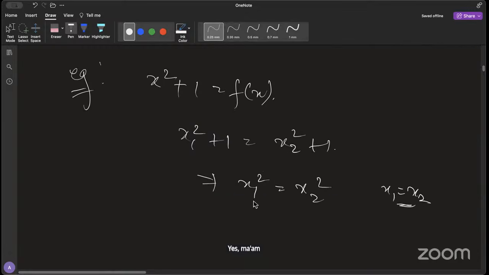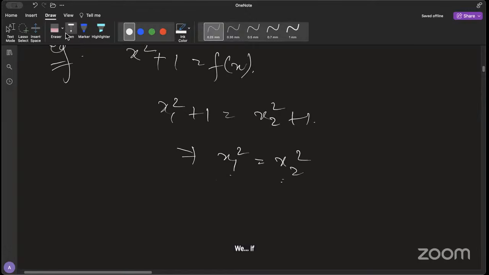If the squares of two numbers are the same, then the numbers should be the same, which isn't true, right? It can also be negative. Yeah, it can be negative, or if you just want to do it arithmetically, you can do this.